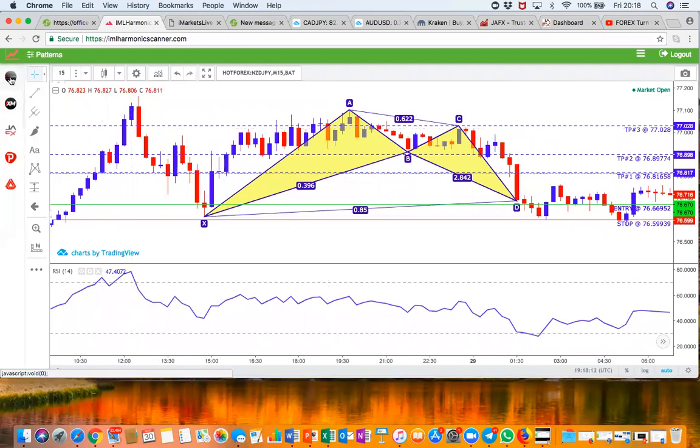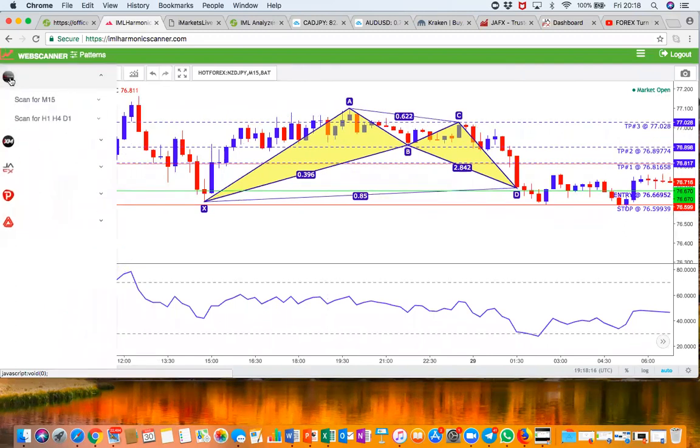So if it is HotForex, if you use HotForex, you can do your analysis more on that, because it will give you exactly what you're going to be using on your phone. If you use XM, if you use JFX, you can use one of theirs, but it doesn't really matter. These are just brokers.